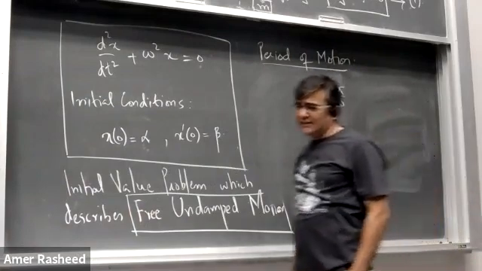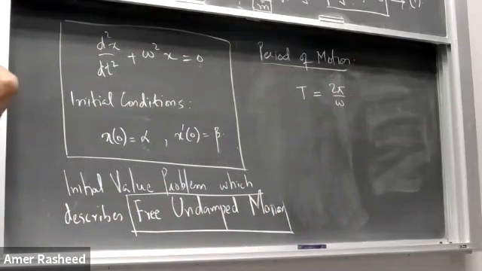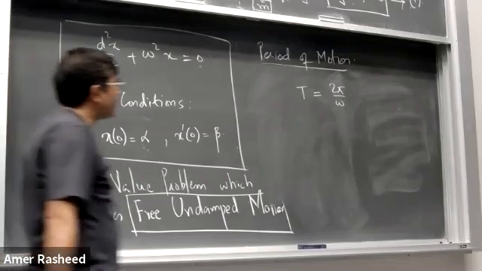What does this tell us? The period of motion is described by T equals 2 pi by omega, where T represents the time, measured usually in seconds, it takes the mass m to execute one cycle of motion. Okay.